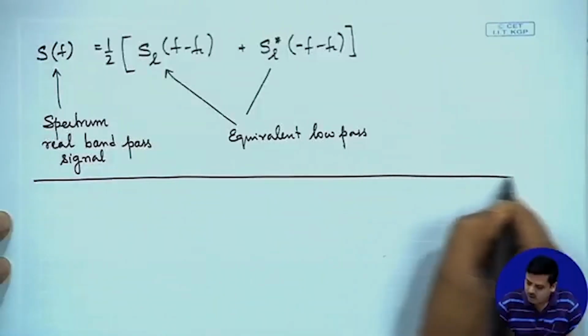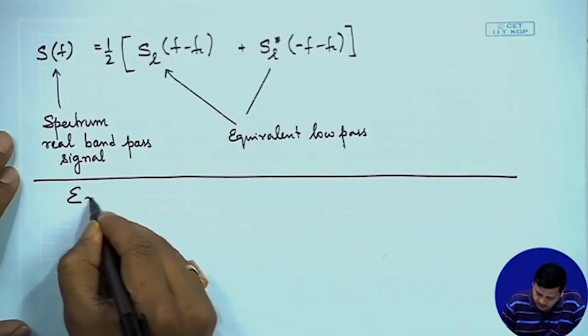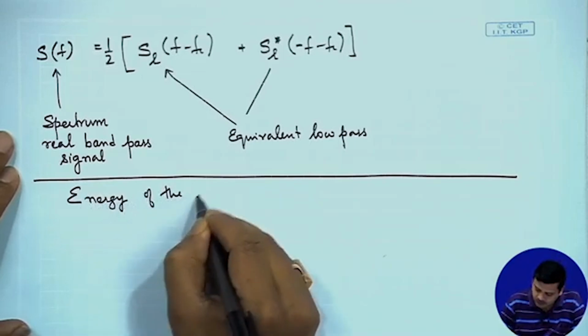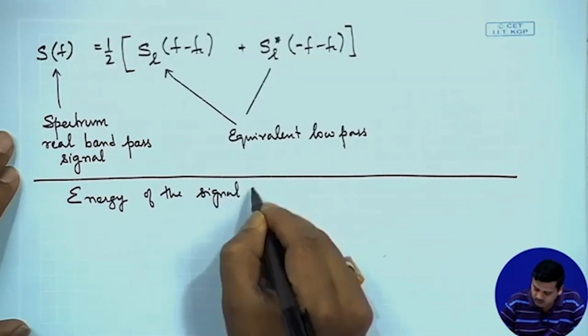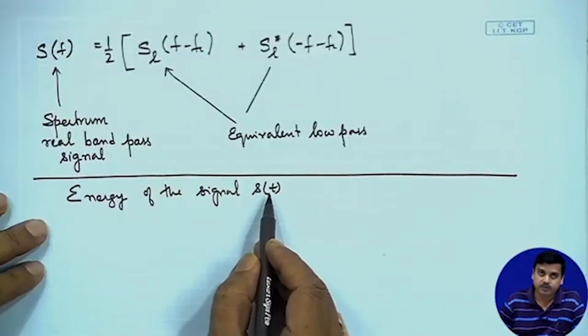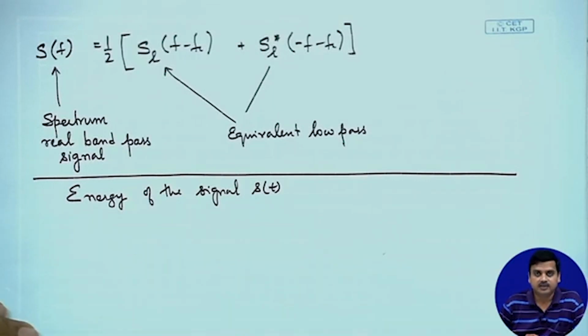So, after having covered this, we would like to calculate the energy of the signal s(t). There again we are interested in seeing what is the relationship between the energy of s(t) and that of s_L(t).